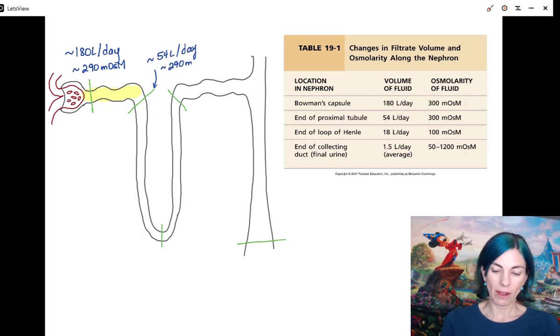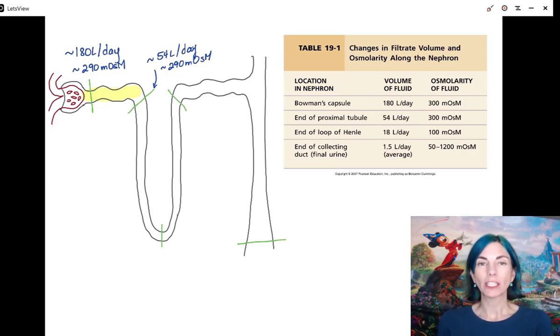Now, at this point, why we've lost so much fluid, but the osmolarity is the same, will not be clear. That's going to be covered in the next lecture. I'm simply showing you that the filtrate volume and, as we're about to see, the osmolarity is going to change as that filtrate moves.